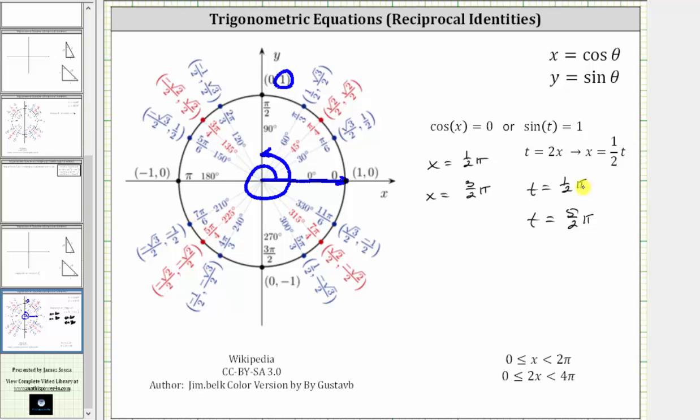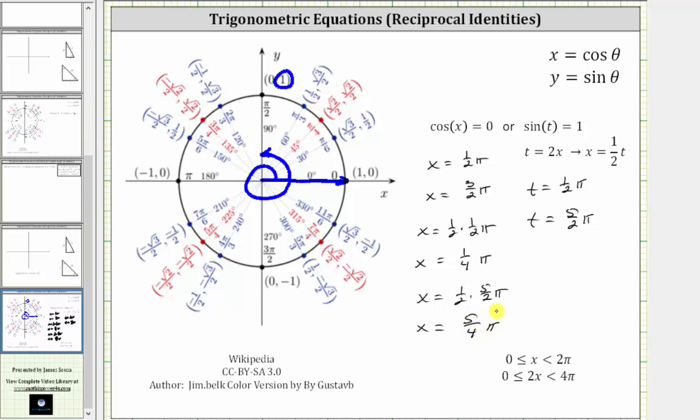So using t equals 1/2 pi, we would have x equals 1/2 times 1/2 pi, which is 1/4 pi. And then when t equals 5/2 pi, x is equal to 1/2 times 5/2 pi, which gives us 5/4 pi.